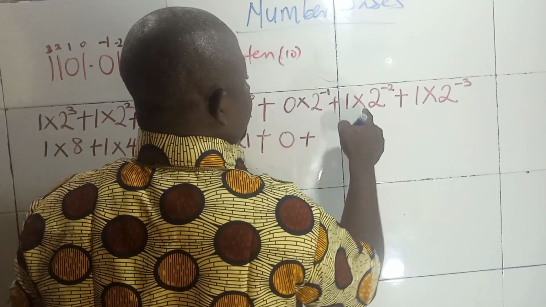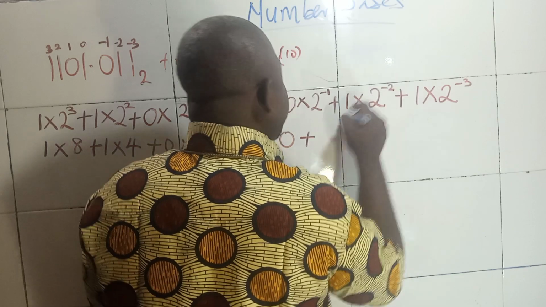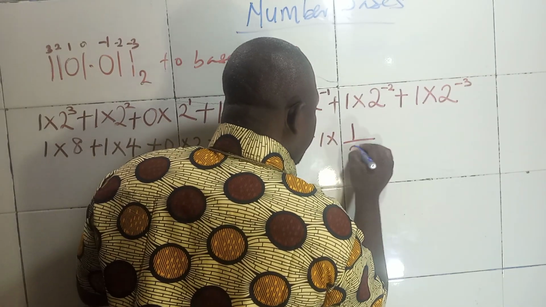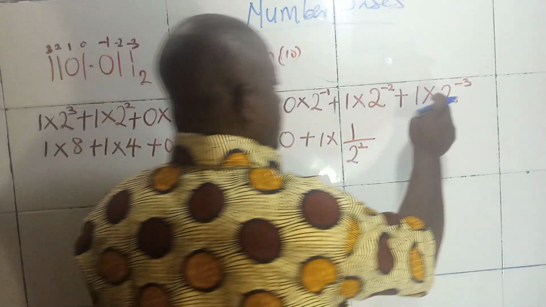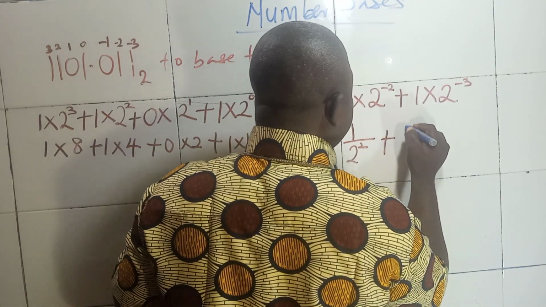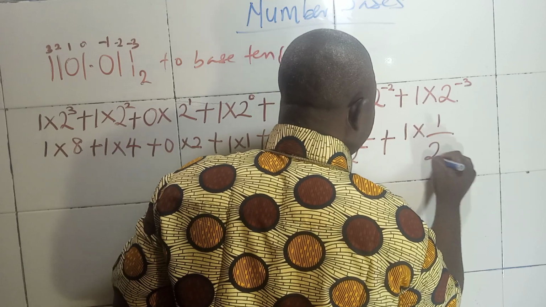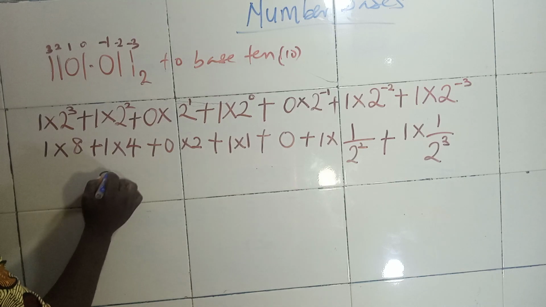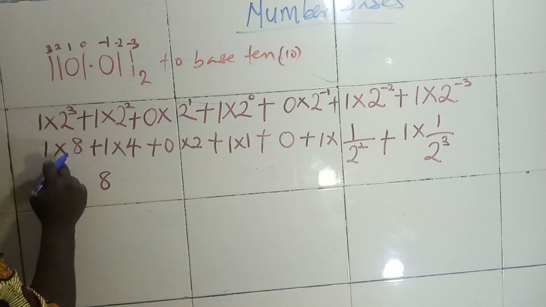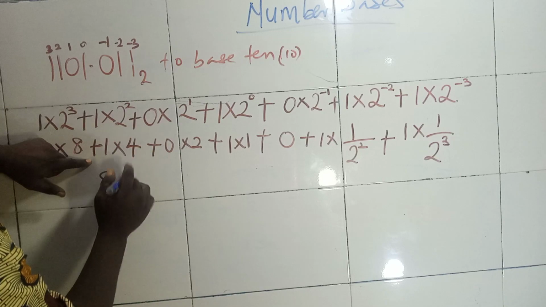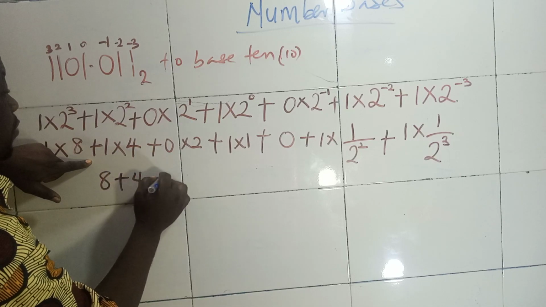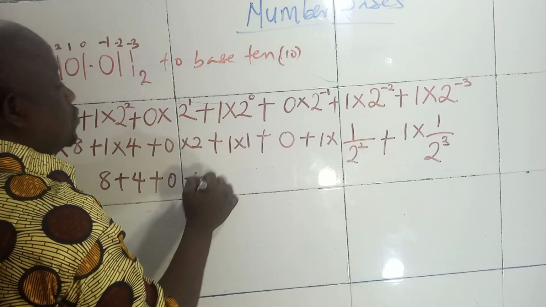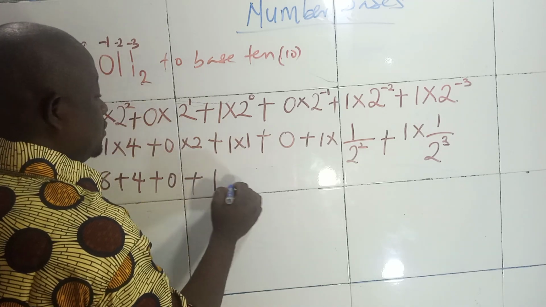Then plus 1 times 2 raised to the power -1. Let me re-express this, 2 raised to the power -2 also. So we have plus 1 times 1 over 2 raised to the power 3. So we now have 1 times 8, that's 8, plus 1 times 4, which is 4, plus 0 times 2, that is 0, plus 1 times 1 is 1.